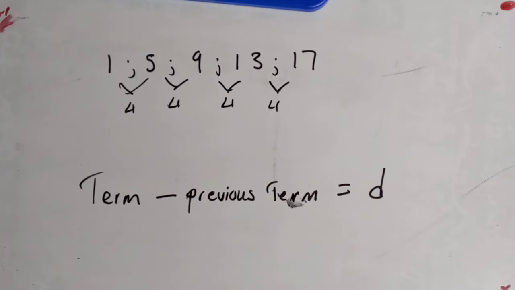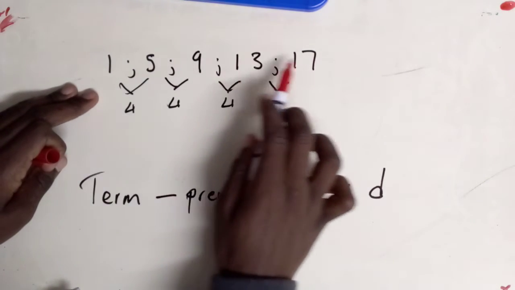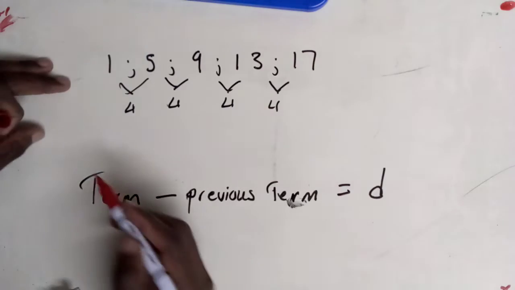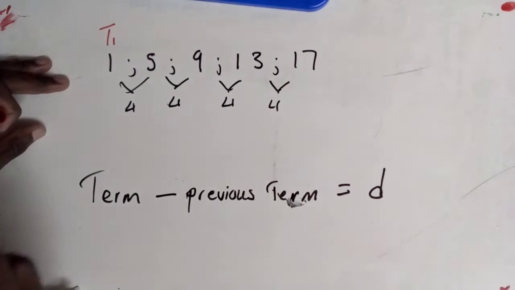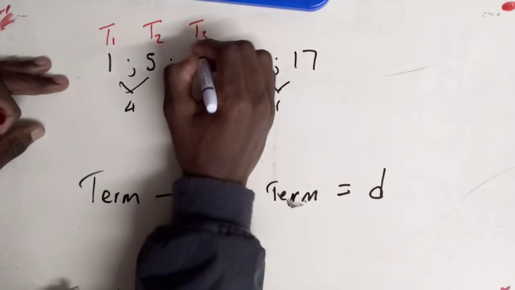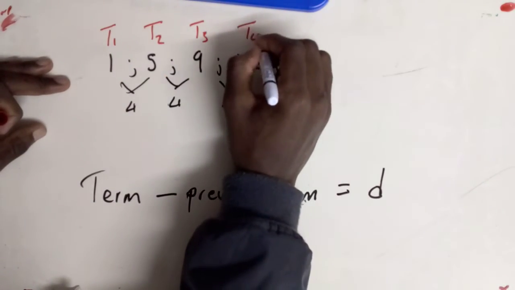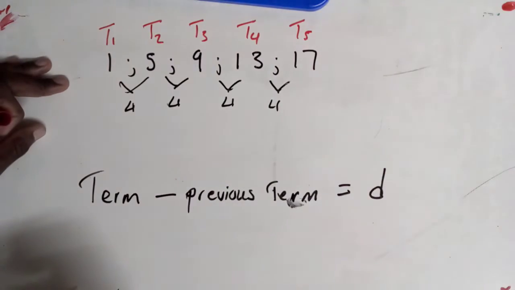Now, you can see that we have 1, 2, 3, 4, 5 terms. I'm going to label them as term number 1, term number 2, term number 3, term number 4, and lastly, term number 5.